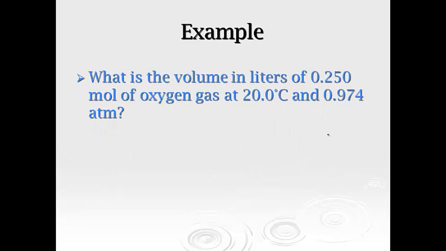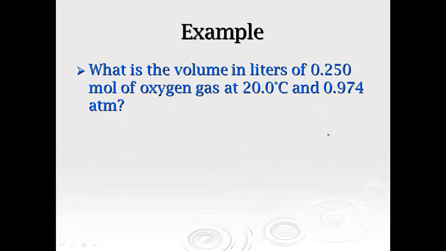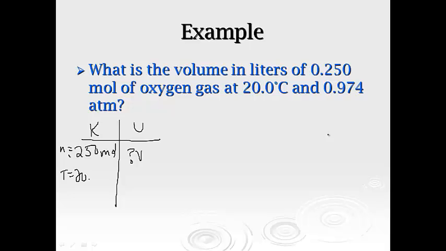All right, the next one: what is the volume in liters? If we do our known and unknown, what is the volume? For known, we have 0.250 moles. We have 20.0 degrees Celsius, which we're going to take to 293 Kelvin.